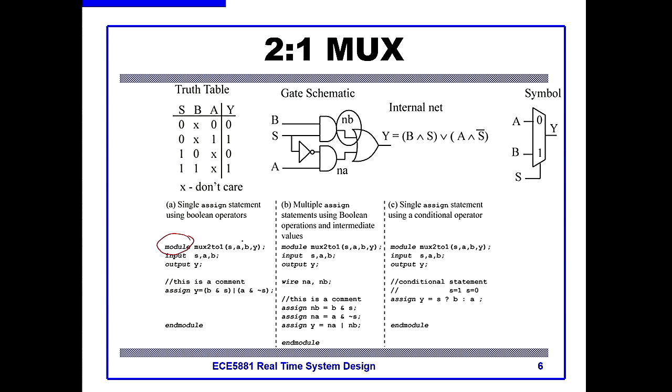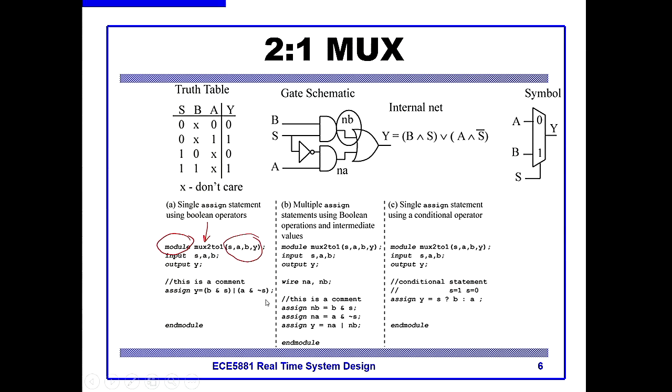So those signals are listed in the brackets here, and the module name is the name of the chip, if you like, that you're using or defining. In this case, it's MUX2 to 1 in that definition. So A and B and S are inputs, the output is Y. So these are all single bit signals that you see listed here.